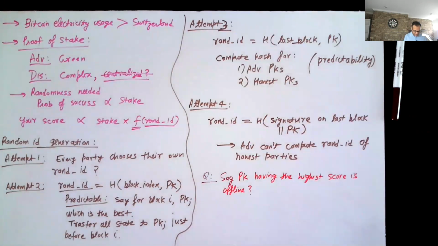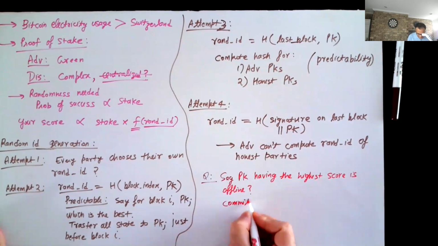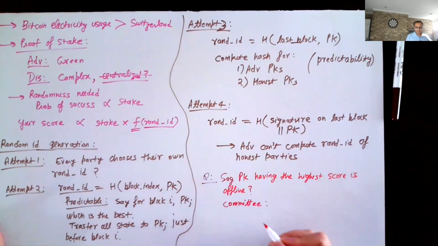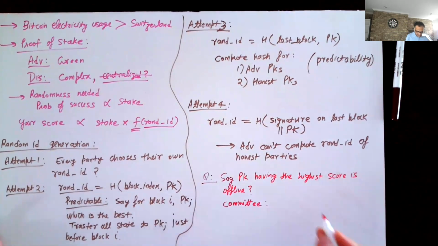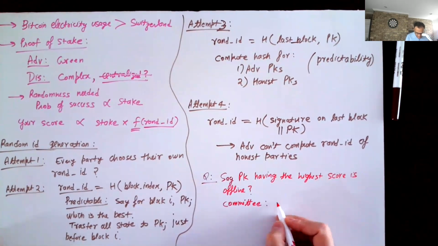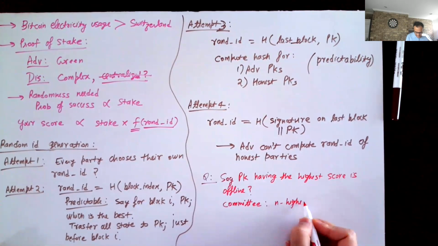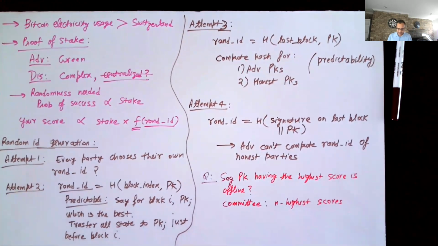So the way we solve this problem is we have a committee. We don't choose a single person with the highest score. So you choose a committee of, you take the n highest scores, where n is some parameter which you can decide, and all these people are now part of the committee.